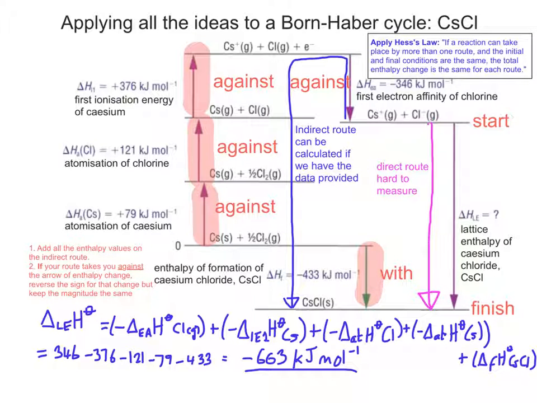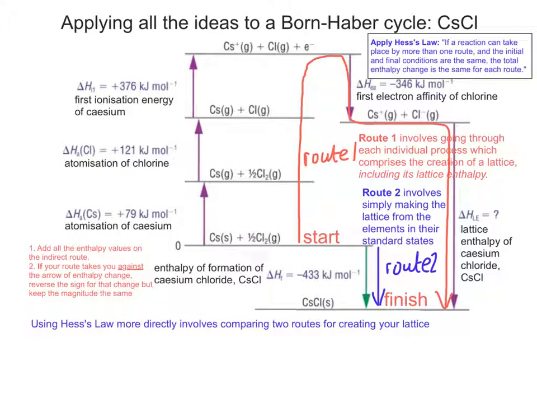There is another route which shows you how to use Hess's law, and I'm going to take you through that one now. So using Hess's law involves comparing two routes for creating your lattice. You've got route 1, which involves going through each individual process we've talked about, including the lattice enthalpy, and we've got route 2, which involves simply making the lattice and the elements in their standard states.